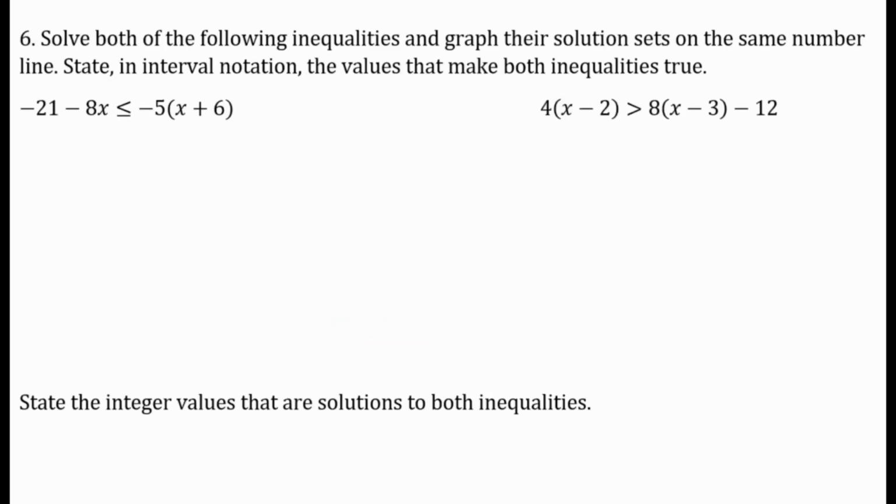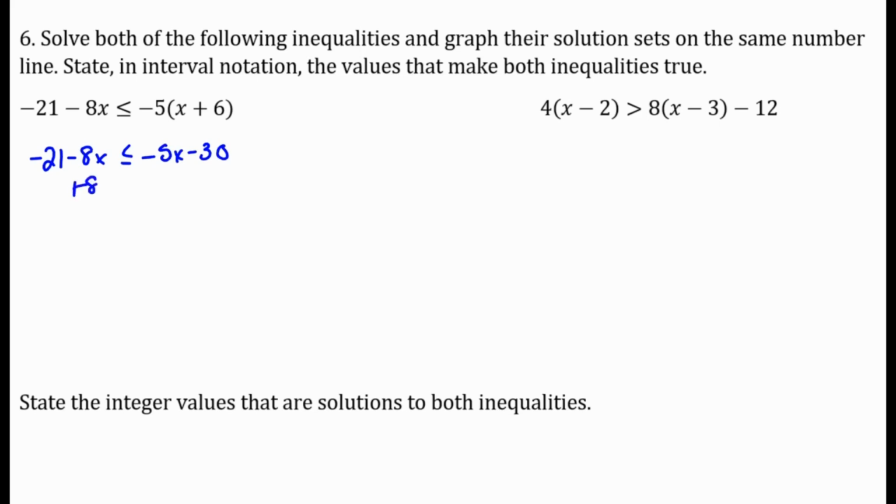Number 6, solve both of the following inequalities and graph their solution sets on the same number line. State in interval notation the values that make both of them true. So let's take a second and solve both of these. Pause the video and see if you can practice solving both of these inequalities here. So I need to distribute: negative 5x minus 30.